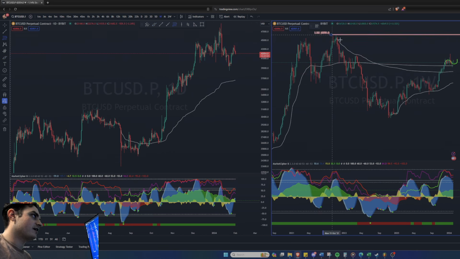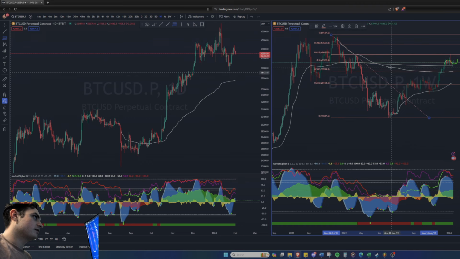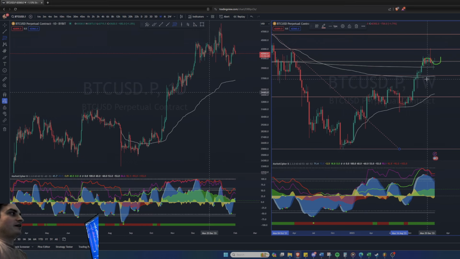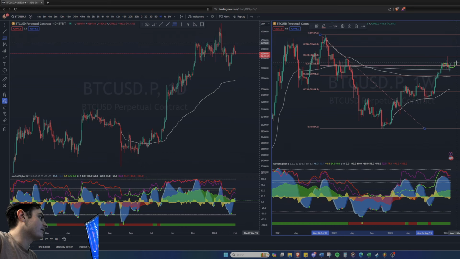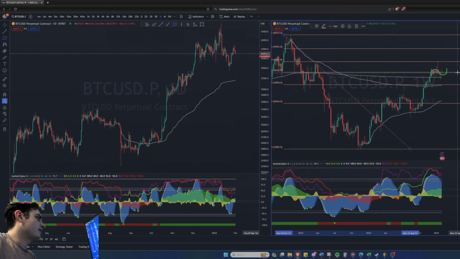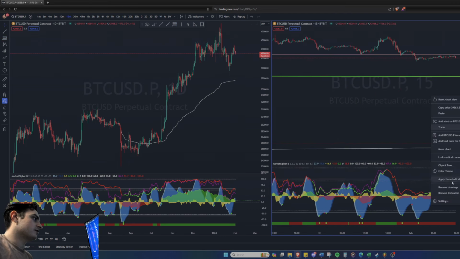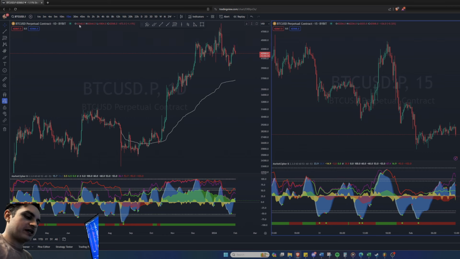You can see that we are here at the 618 retracement here. So yeah, it's an attractive selling point for sellers, but we are over the VWAP here. So I will keep you guys updated on these macro VWAPs, as well as the shorter time frame scalping strategy.